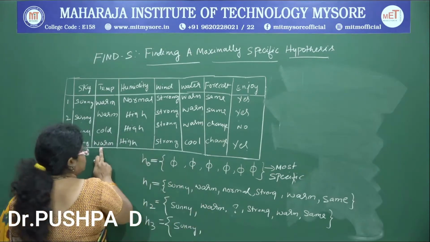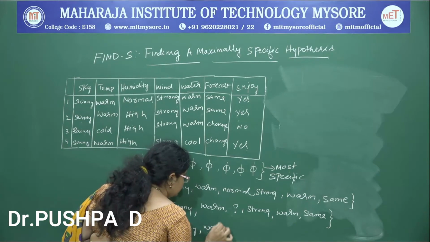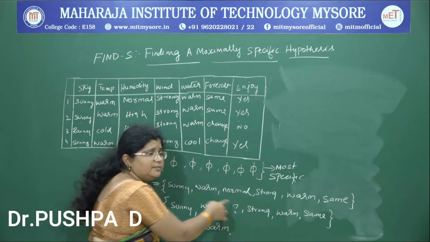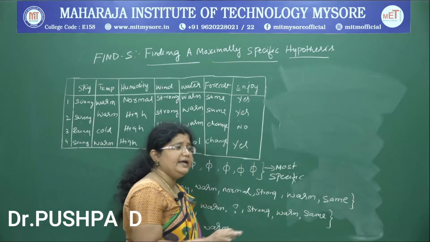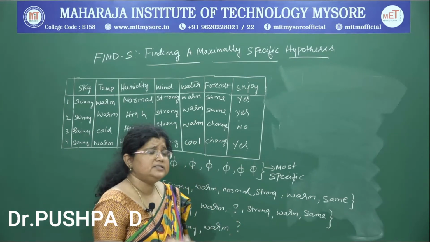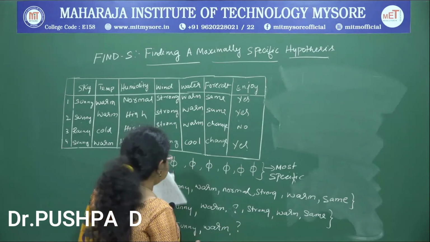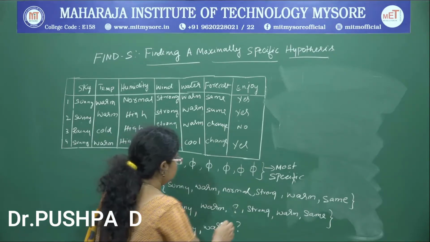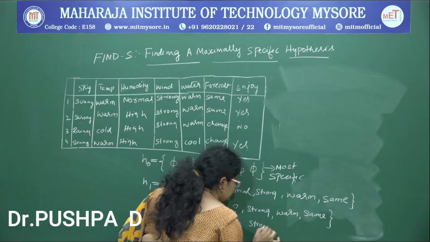Next, warm is compared with warm. The question mark that is already there is retained as it is, because the question mark accepts any values.